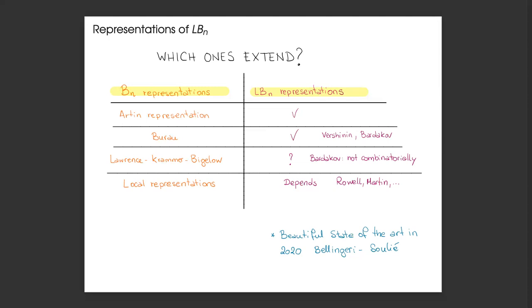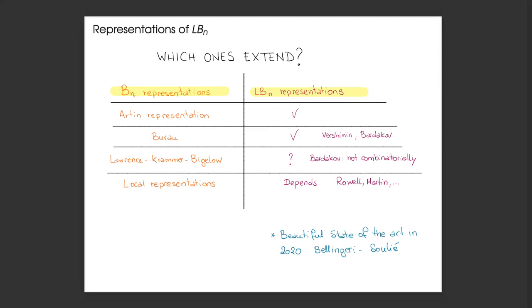In that case, we have no extension. When we try to verify the relations, we see that they are not verified. However, the Lawrence-Krammer-Bigelow representation has a homological construction, which has not been attempted with loop braid groups.